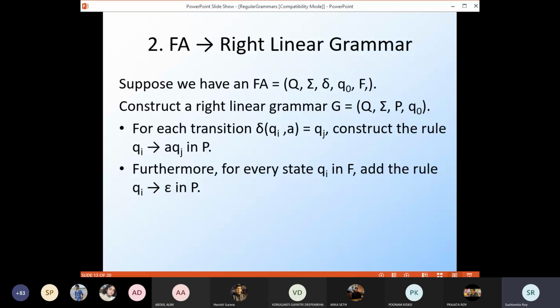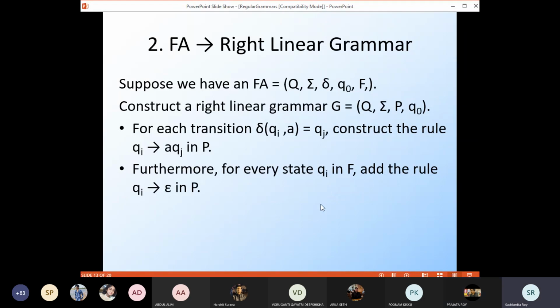And for every state in which the destination is a final state, it is Qj in F, add the rule Qj goes to epsilon also, because you have to remove this particular variable from the sentential form. It would be Qj goes to epsilon in P, right? I think it is Qj.